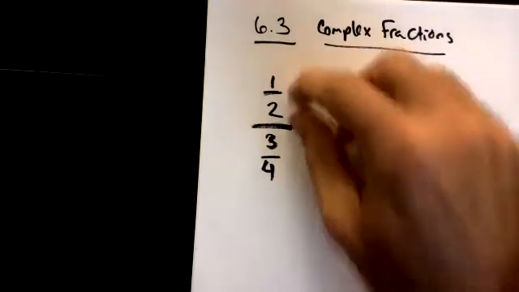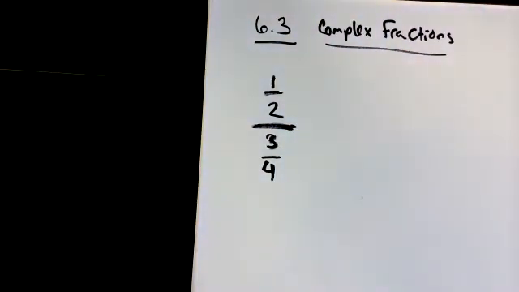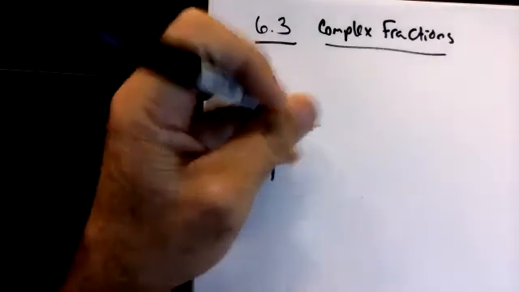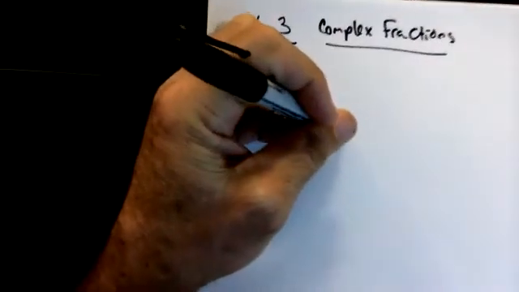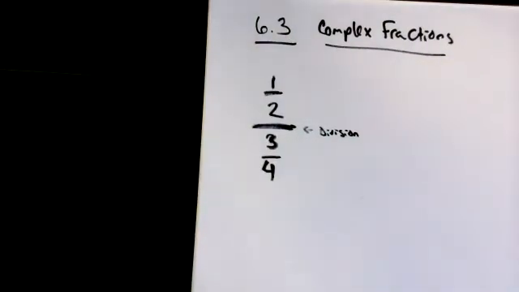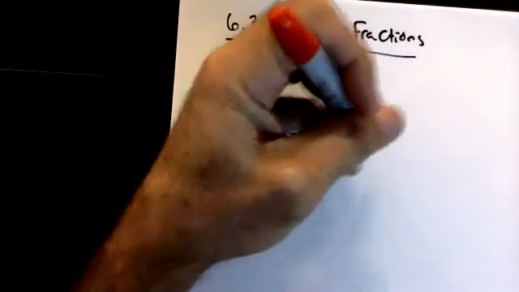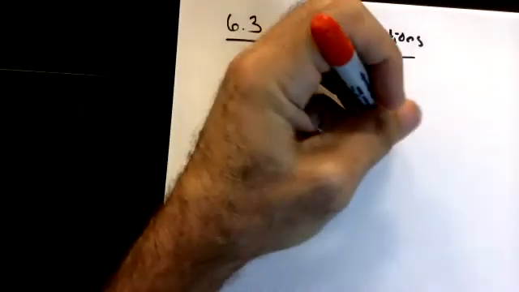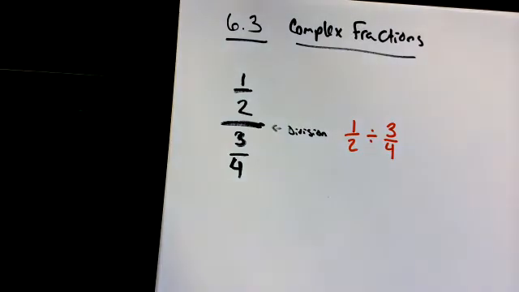When it is simple and straightforward and you have two regular fractions, it's actually easier to look at this as a division problem than as a fraction problem per se. So if we look at this as division, then what we have here is 1/2 divided by 3/4, which is more what people are accustomed to seeing whenever it comes to fractions.